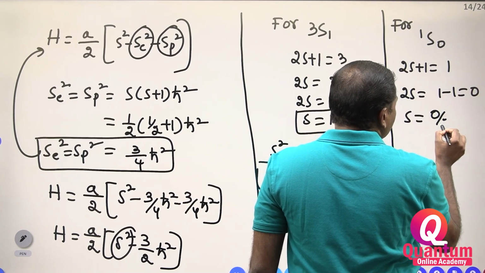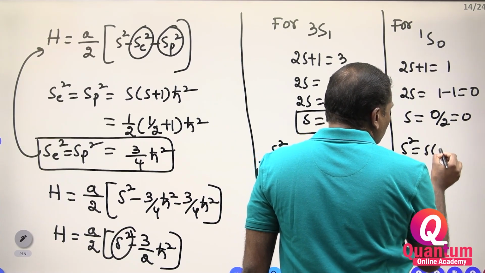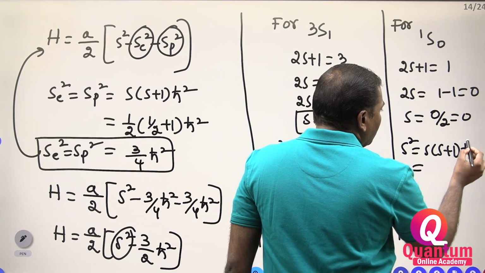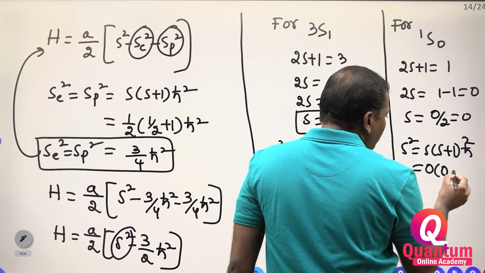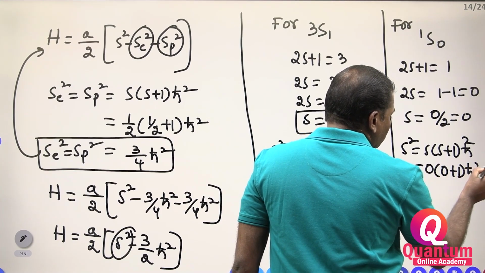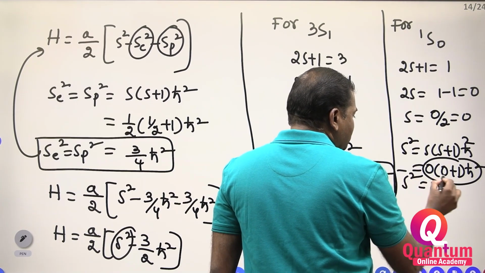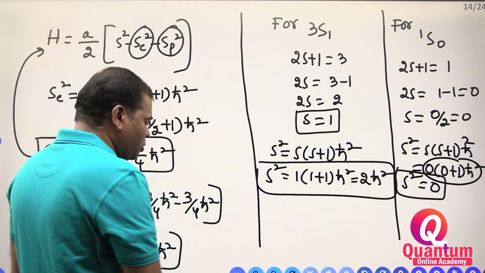S is equal to 0 by 2, which is 0. Therefore, S square is equal to S into S plus 1 into H cut square, so we write 0 into 0 plus 1 into H cut square. 0 into anything is equal to 0. S square is equal to 0 for the 1S0 state.